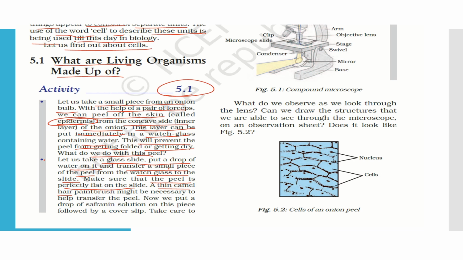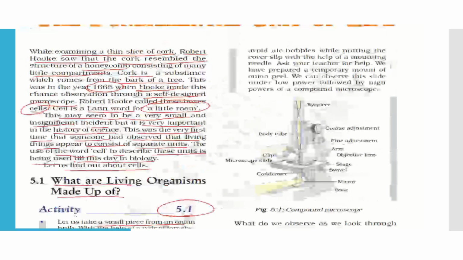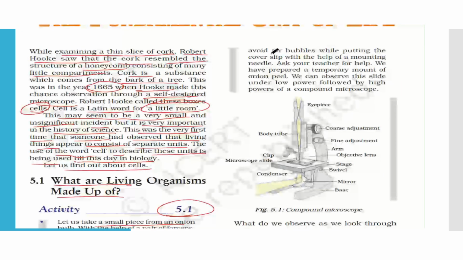You can take delicate forceps, take part of the peel and spread it evenly on the slide. Now put a drop of safranin solution on the peel and cover it with a cover slip. The cover slip should be placed so carefully that no air bubble gets trapped while putting it on.